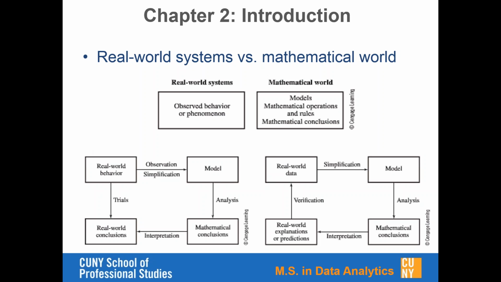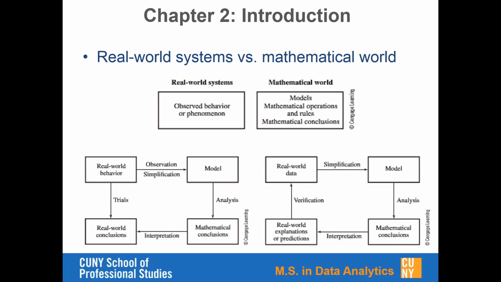Instead of doing some sort of real-world explanation or predictions, we're doing real-world conclusions by observing the real-world behavior. So the top chart on the left, the real-world system, is the observed behavior of phenomena. But on the right-hand side, the mathematical world has real models, mathematical operations and rules, and mathematical conclusions.